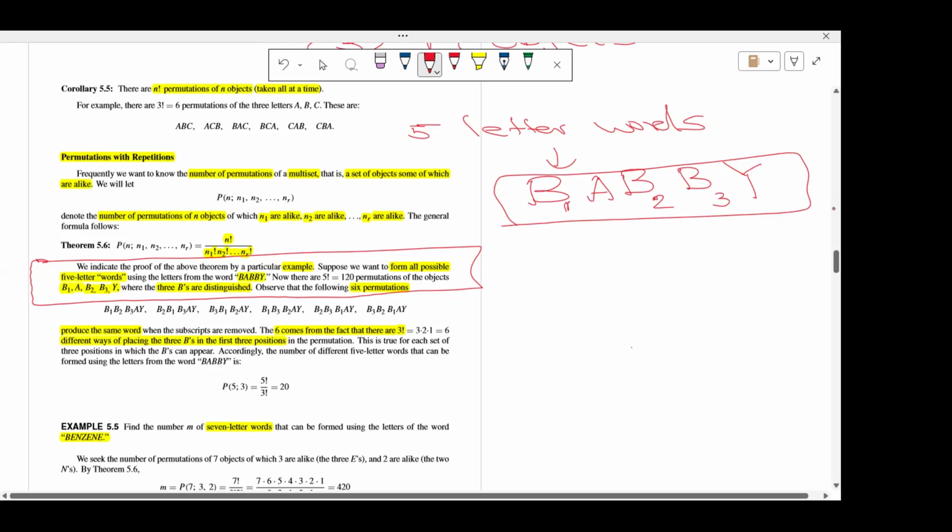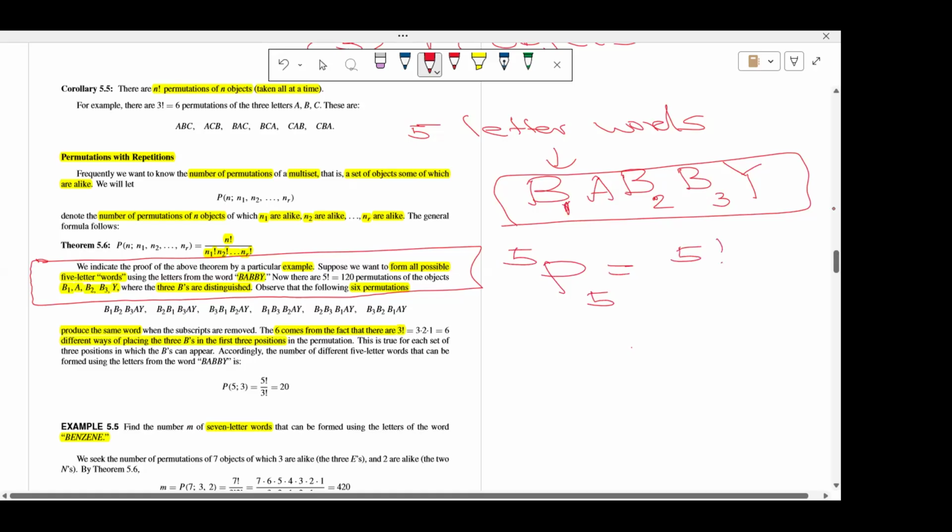Without repetition, how many words? B1 is a separate letter, B2 is separate, B3 is separate. Altogether we have five letters. From these five letters, we need to make five letter words. So nPr is the equation. Why are we using nPr without repetition? Because we have considered B1, B2, B3 as separate letters.